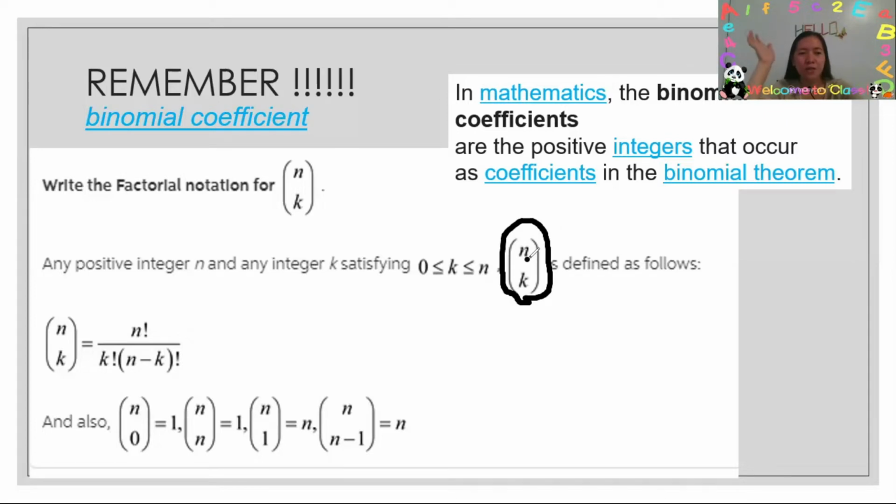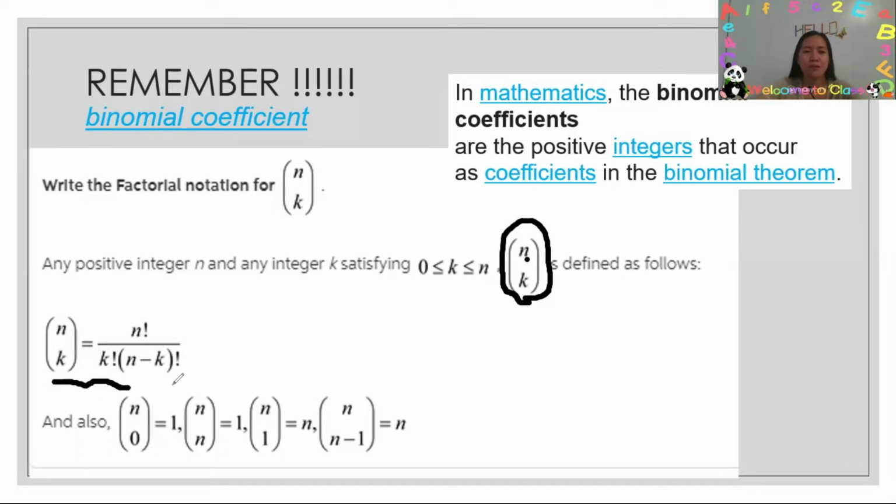If the order in which the choices are made does not matter. So here is the thing to remember: if the order in which the choices are made does not matter. To compute the binomial coefficient n and k, we have the formula.